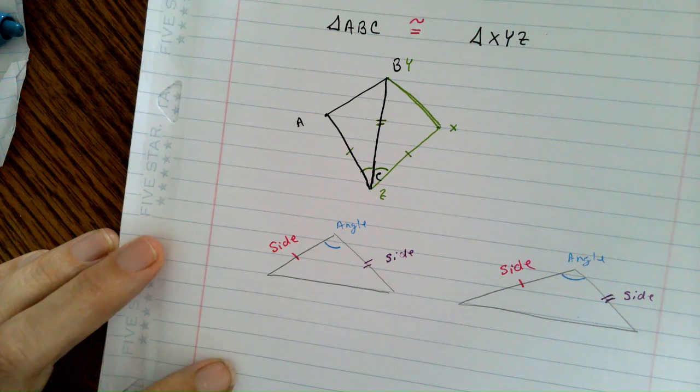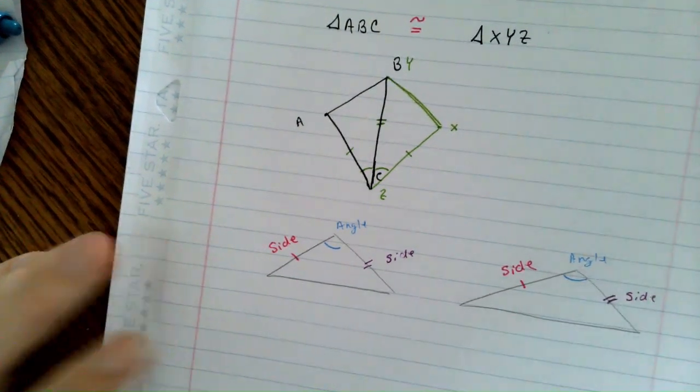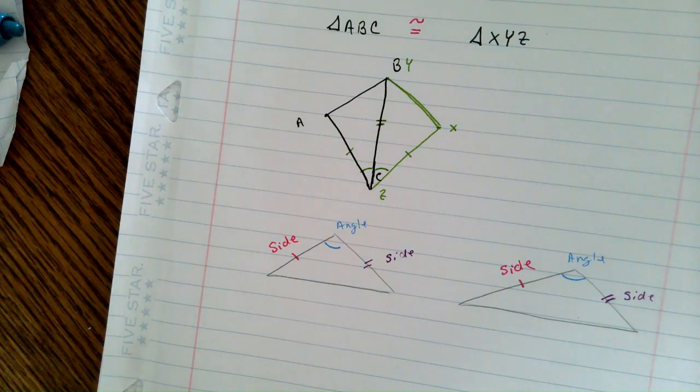We might have to reflect one to get it to line up, right? That's okay, that's still a rigid transformation.